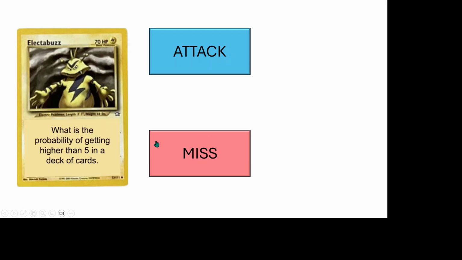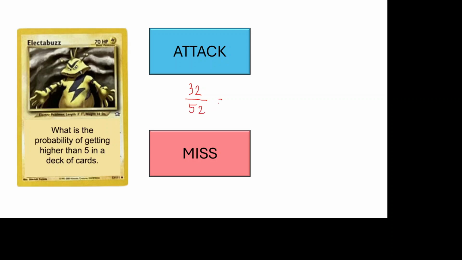So, the number of cards higher than 5 include 6, 7, 8, 9, and 10. Then the Jack, Queen, and King. So there are 8. So 32, since there are 4 categories, over 52.